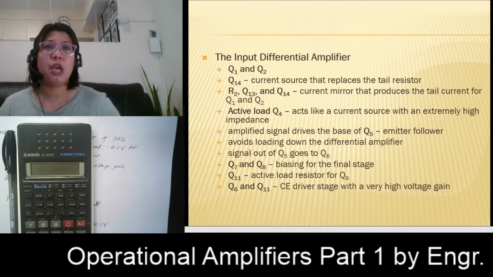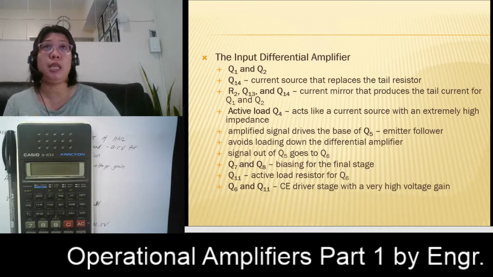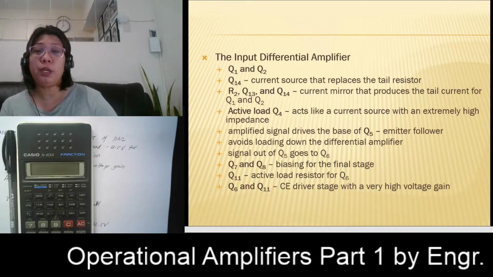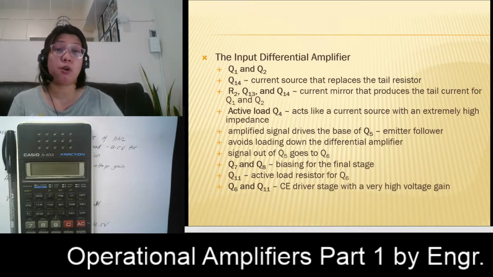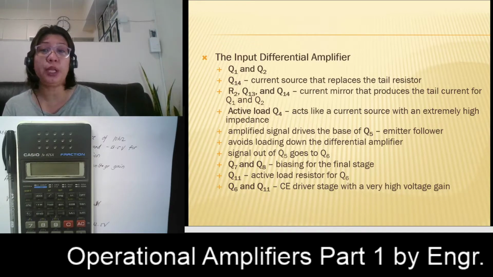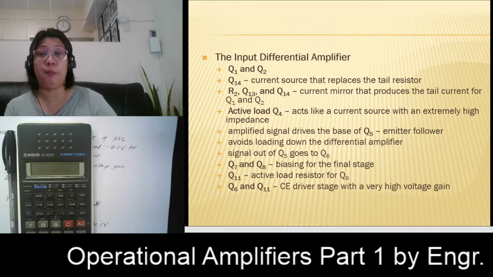Anyway, we said that your tail resistor can be considered as a current source. That is your Q14. Your R2, your Q13, and your Q14 consist of the current mirror that produces the tail current for your Q1 and your Q2, which correspond to your differential amplifier.